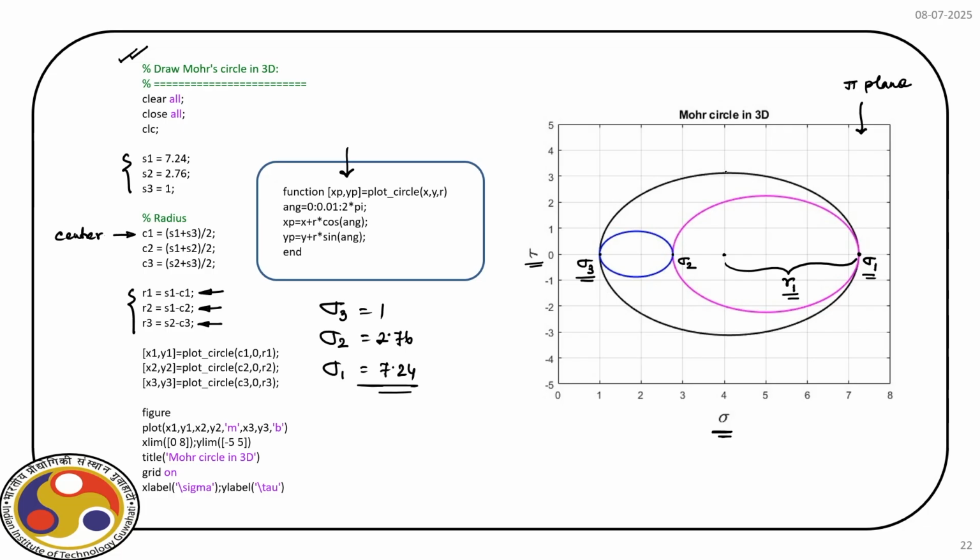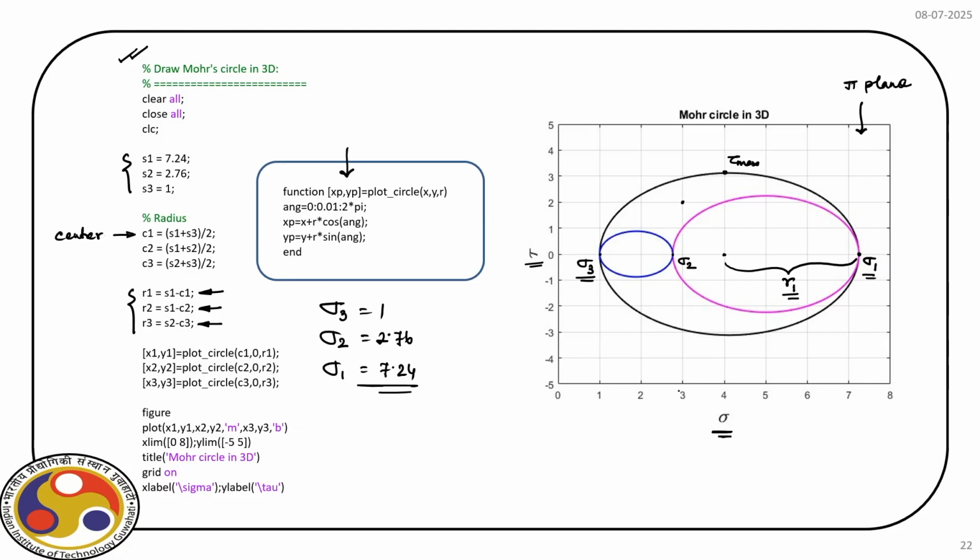Now, obviously, we can easily locate the maximum shear stress, and we can also identify the respective normal stress. Now, the question is, if we consider any point inside this, say this point. For this point, we have x and y coordinates.